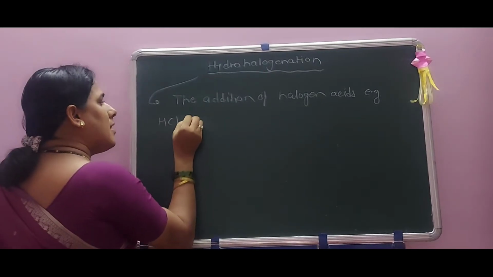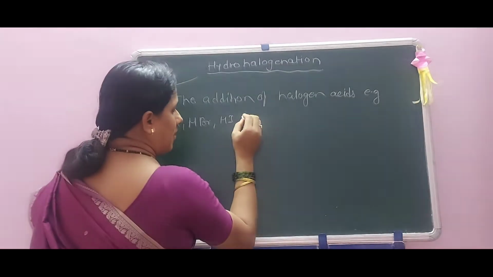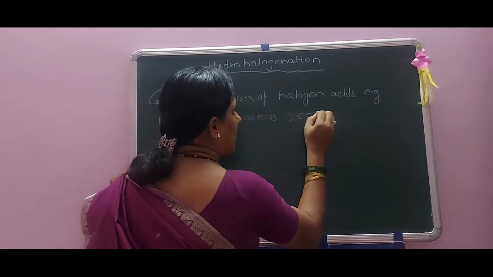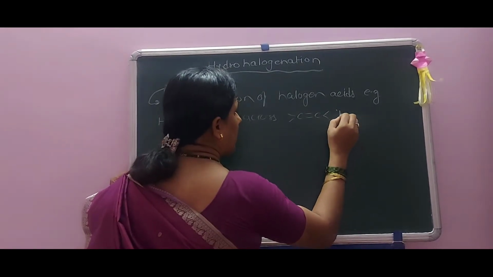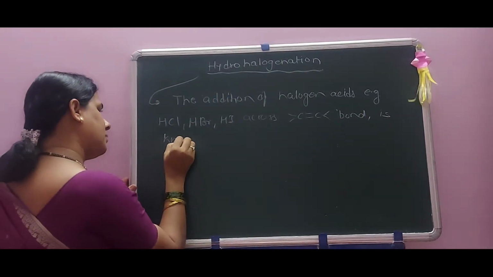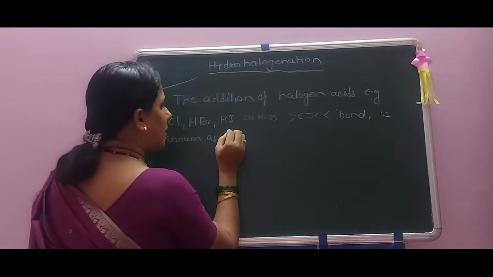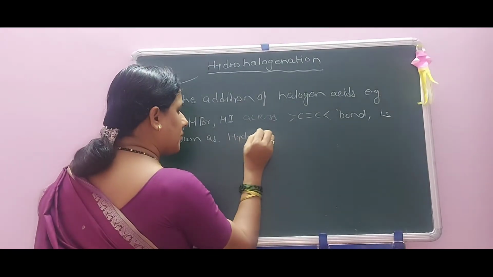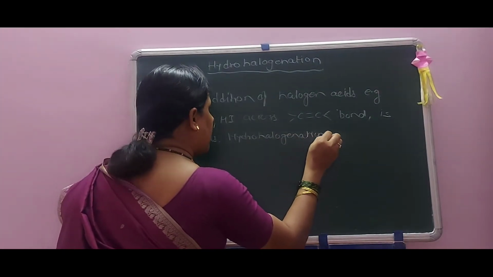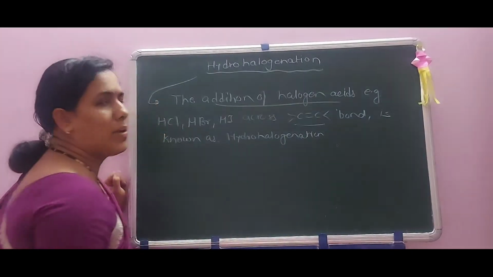That is HCl, HBr or HI across a carbon-carbon double bond, which is known as hydrohalogenation. What is the definition? That is the addition of halogen acids to a carbon-carbon double bond.